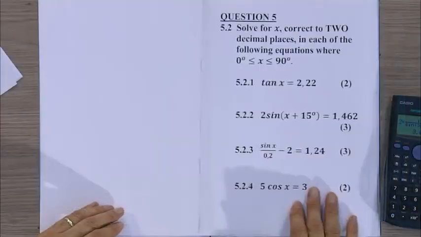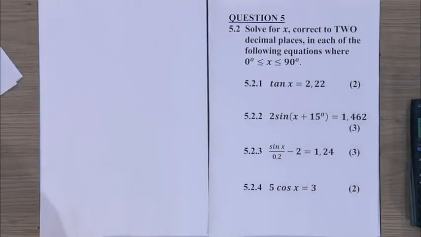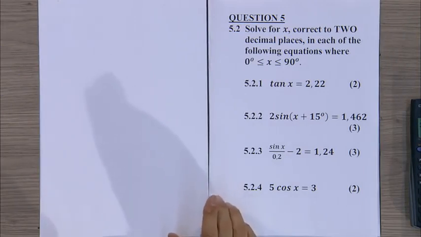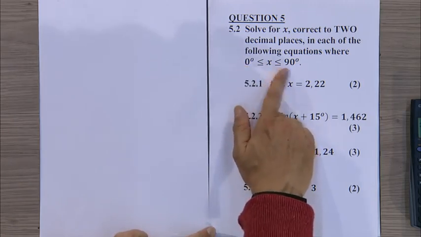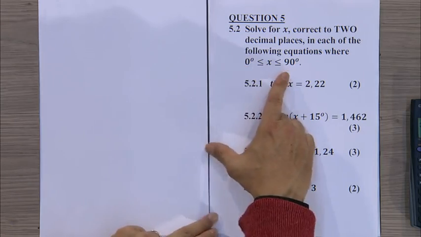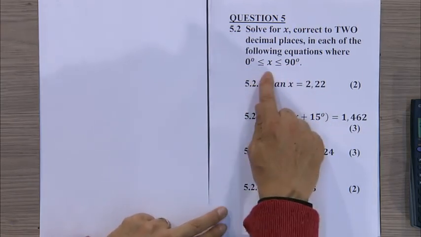Right, let's look at the first sum. They say, solve for x correct to 2 decimal places in each of the following equations where x is greater or equal to 0 and less or equal to 90. Now we need to understand, what does this mean?